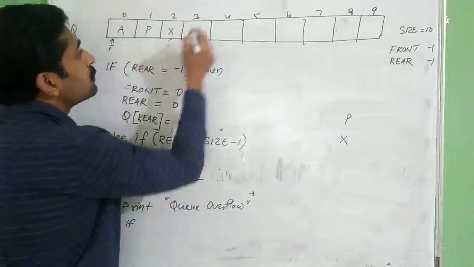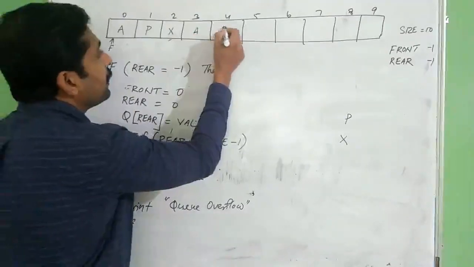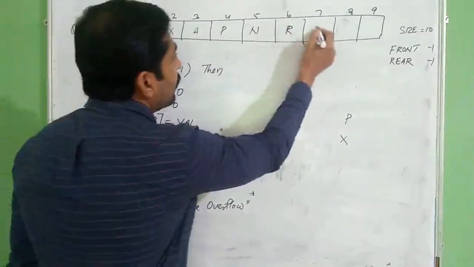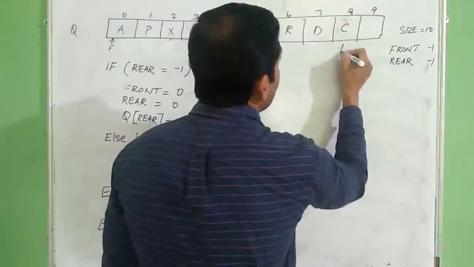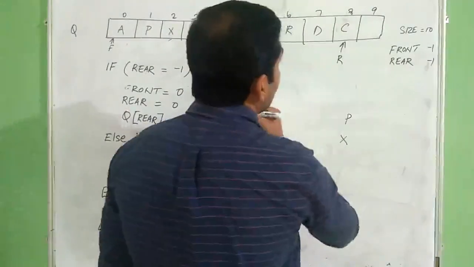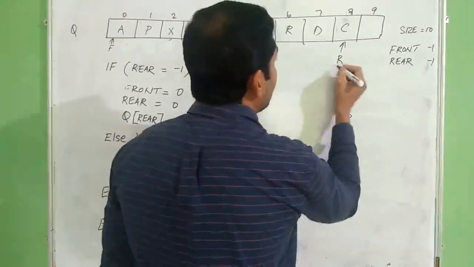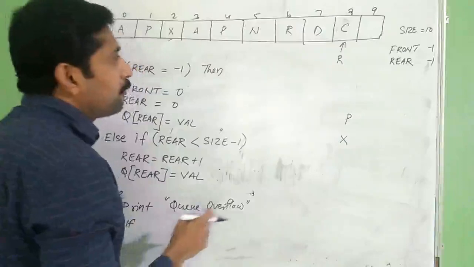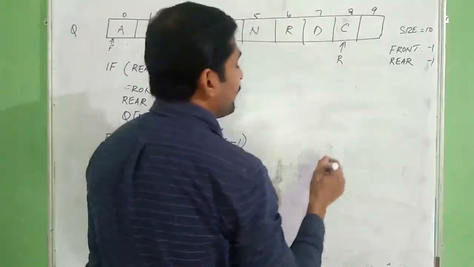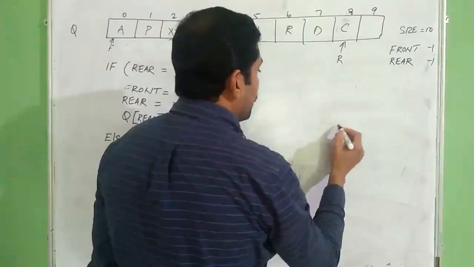And now suppose we have A, B, N, R, D, some values like this, C here. Now this is the rear. What is rear now? Rear is 8. Now we are going to insert another item, say W.